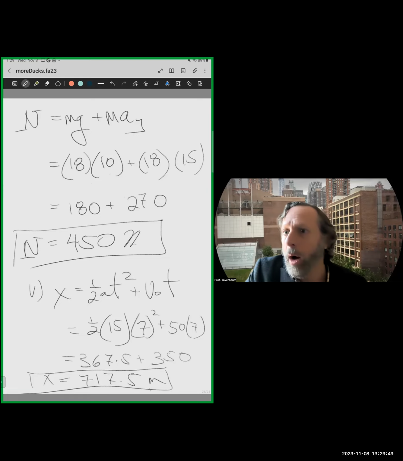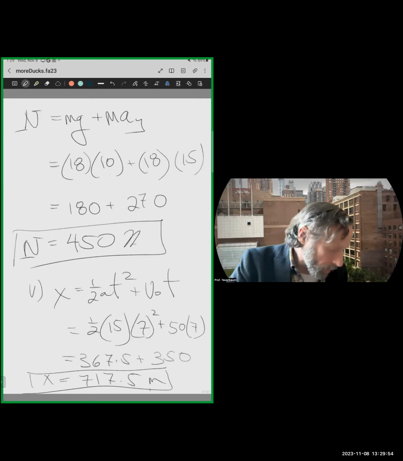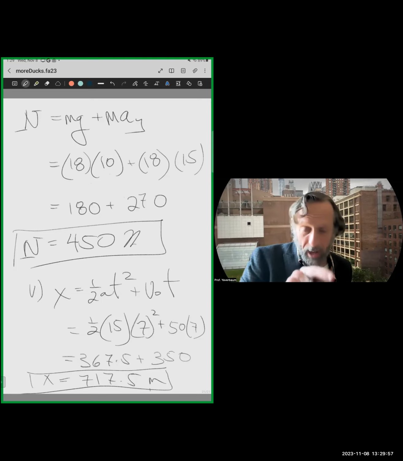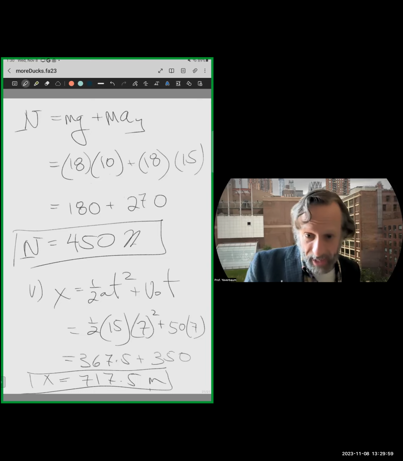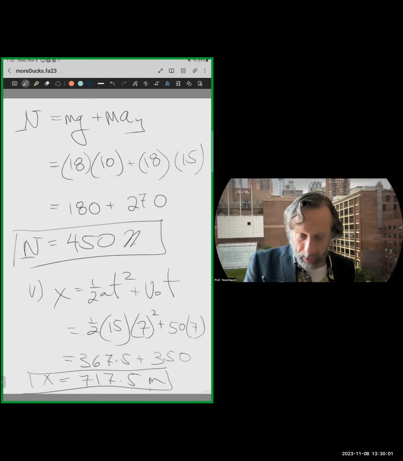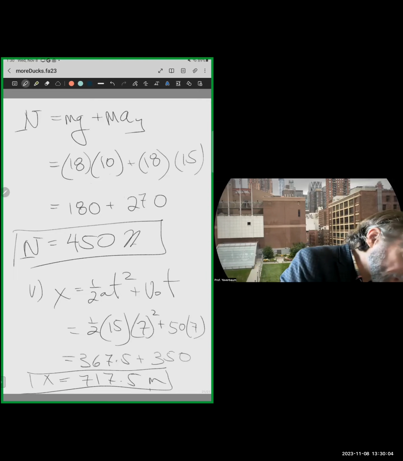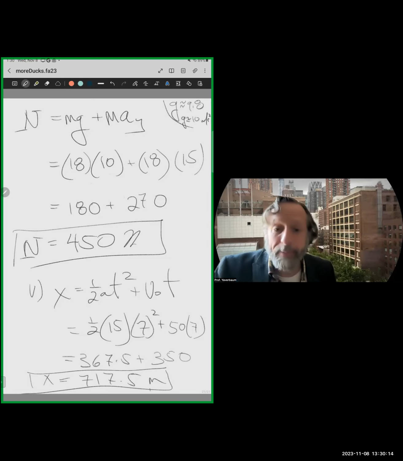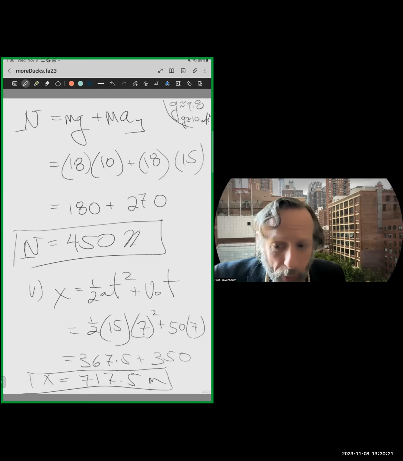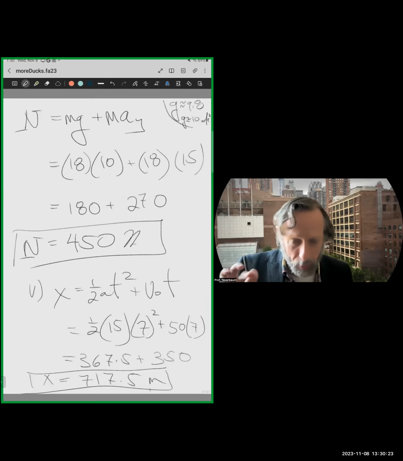What would MG? Oh, sorry. What would MG? Well, MG means literally M times G. M is the mass, 18 kilograms, and G is the downward free fall acceleration due to gravity, which we often call 9.8, but we're free to round to 10 meters per second squared. The G doesn't stand for grams, but for the acceleration due to gravity.